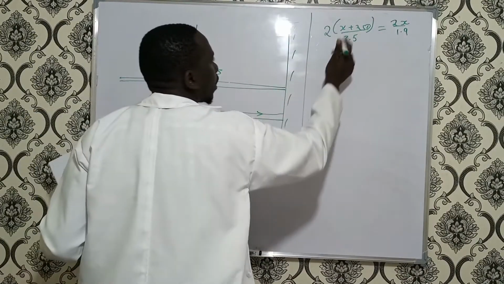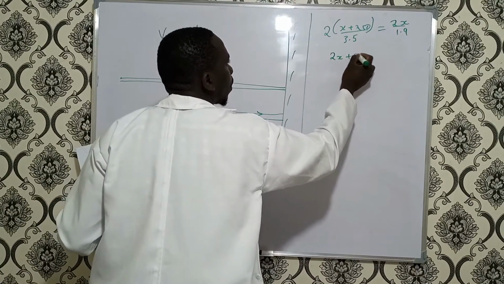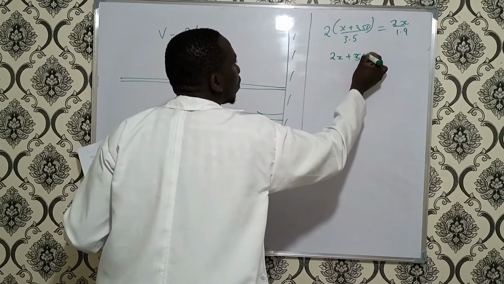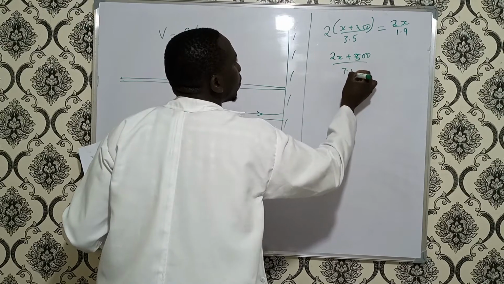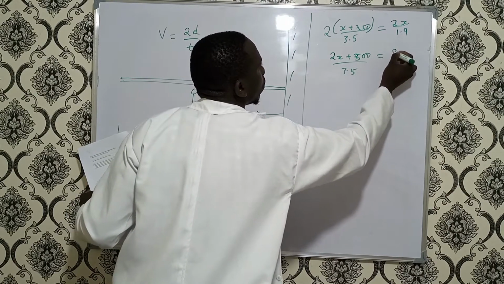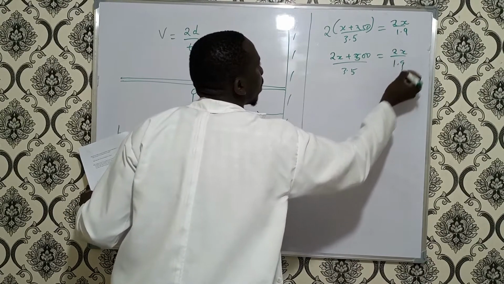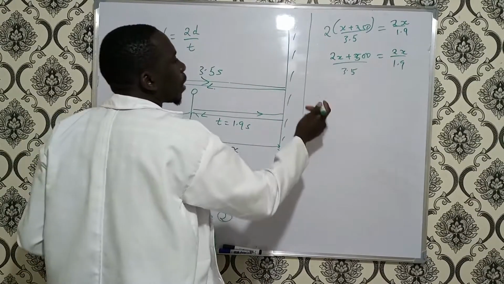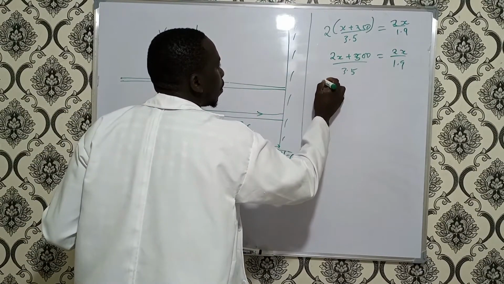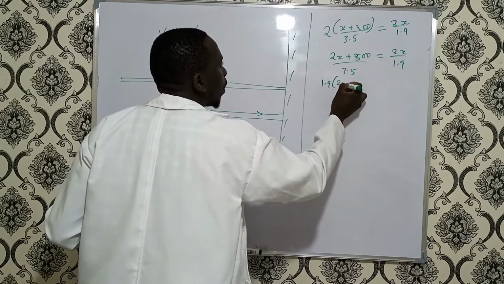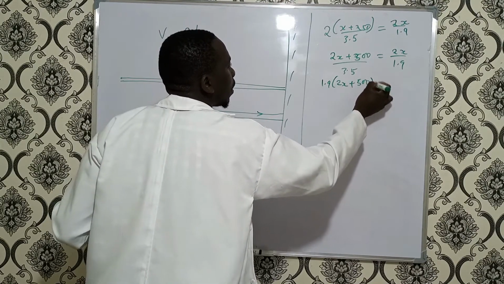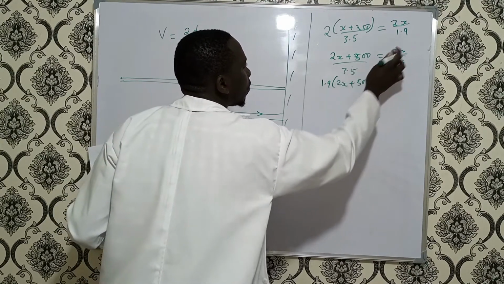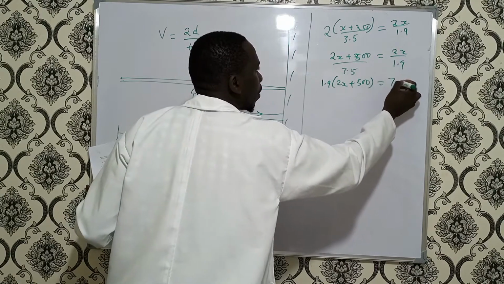We can open the bracket, so that will be 2x plus 500 divided by 3.5 that is equal to 2x over 1.9. We cross multiply, so we find 1.9 into 2x plus 500 is equal to 3.5 times 2x, that will be 7x.